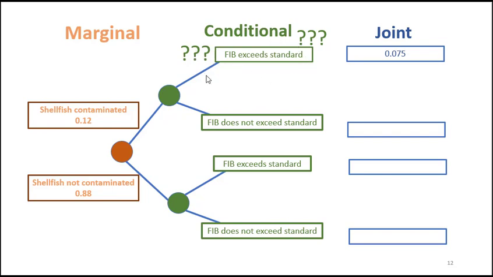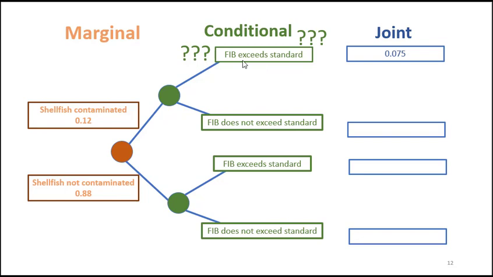And we also know one other piece of information, and that is the joint of 0.075. We got that from the previous probability tree, remembering that the probability of A and B equals the probability of B and A. So now we have all the probabilities that we need, and we can use the multiplication rule to solve for this conditional probability.